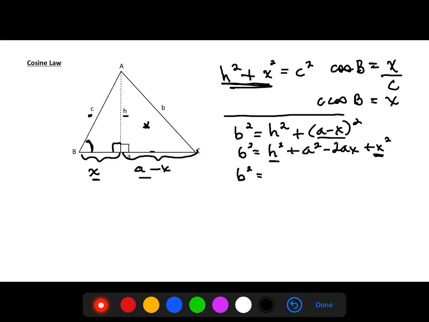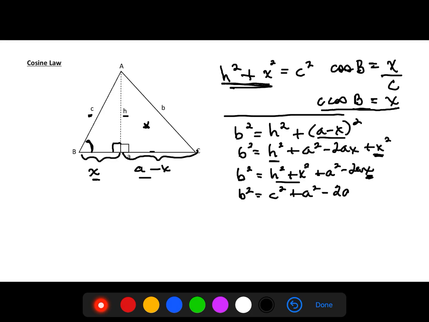We notice that this x squared and h squared comes from up here. So just rearranging this, we can now replace that with c squared.